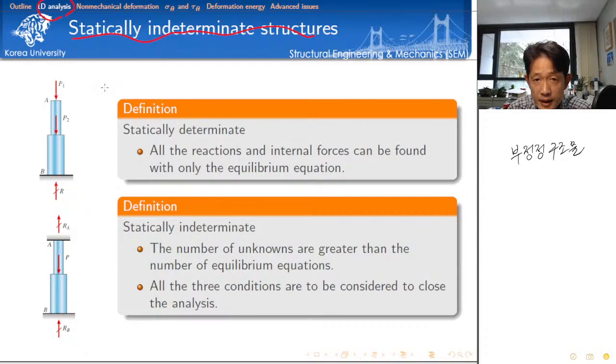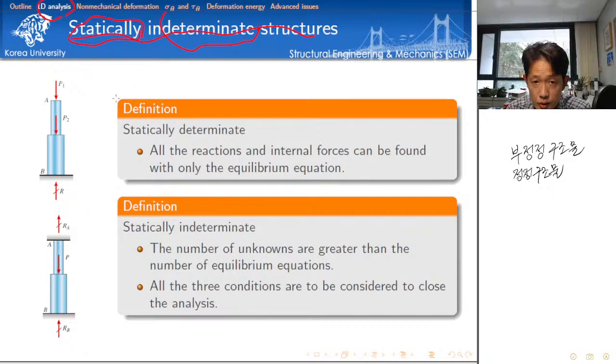So what about the statically determinate structures? Statically determinate structures. They are called 정정 구조물. Okay, 정정 구조물. Then what is the difference between these two systems?